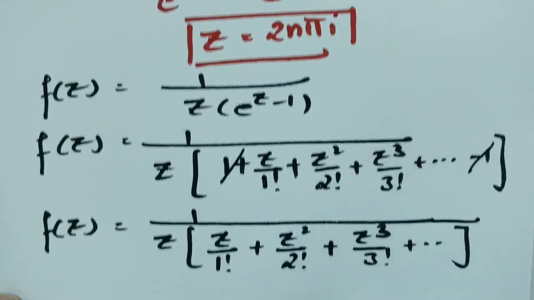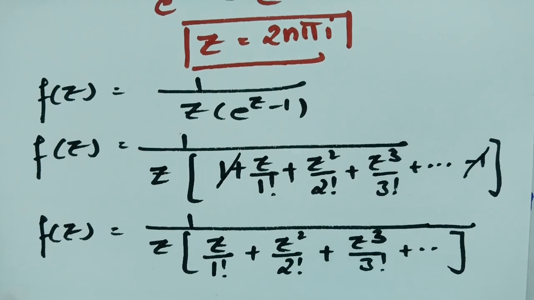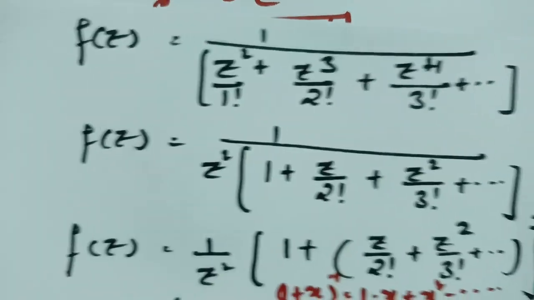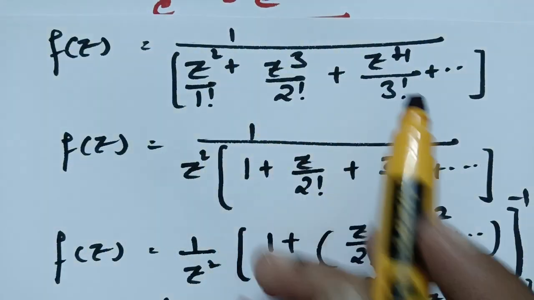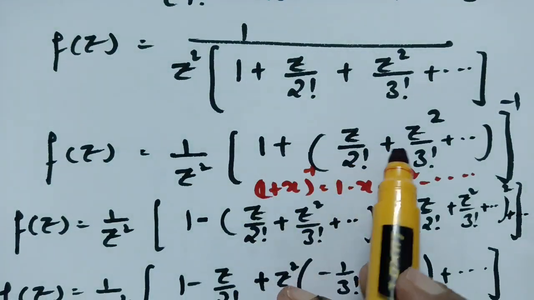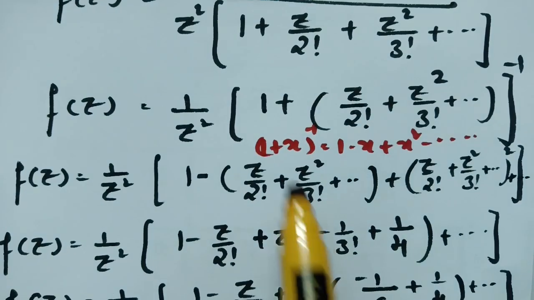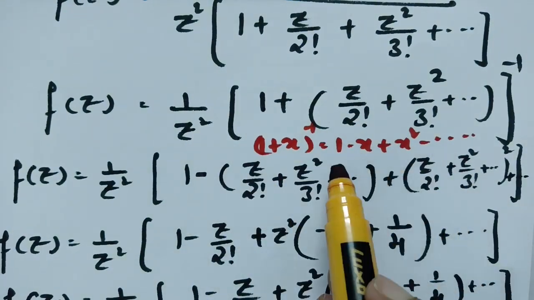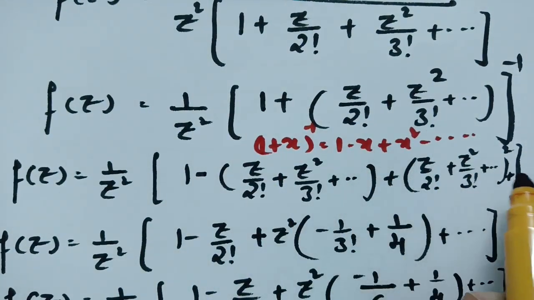So if I cancel minus and plus, and if I send z inside, and after taking z square common, this is of the form 1 plus x whole inverse. So 1 plus x whole inverse can be written as 1 minus x plus x square.